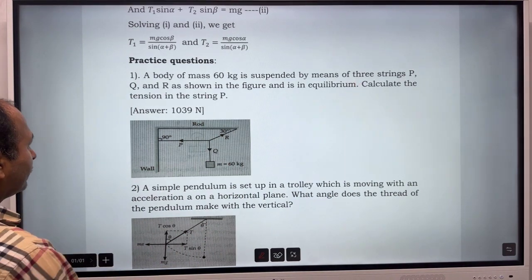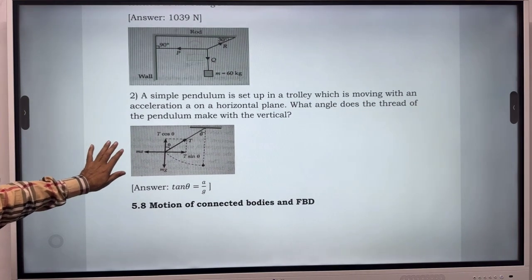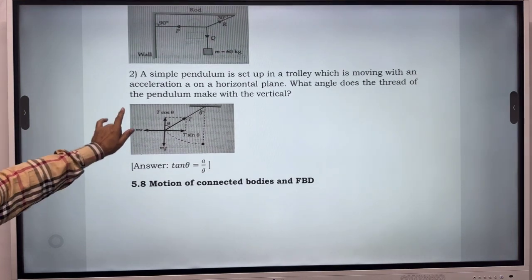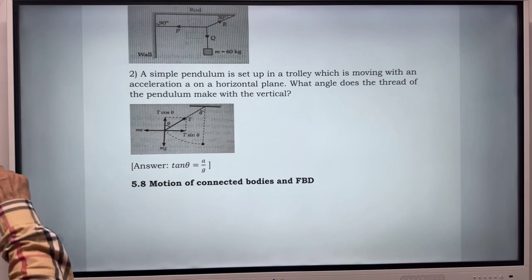Now further, let's see the next question. A simple pendulum is set up in a trolley which is moving with an acceleration a on a horizontal plane. What angle does the thread of the pendulum make with the vertical?